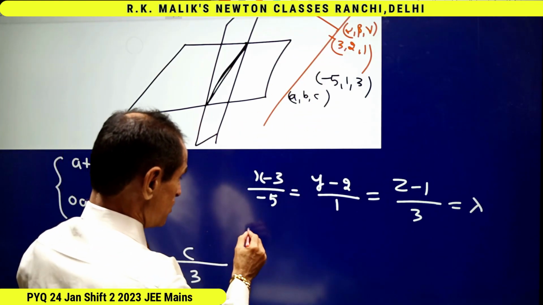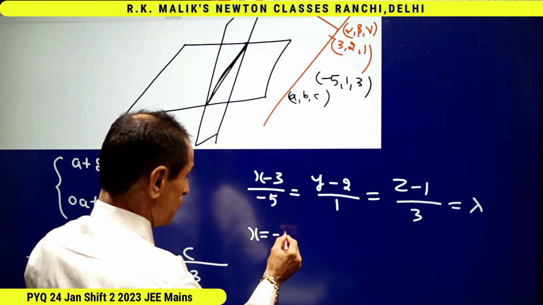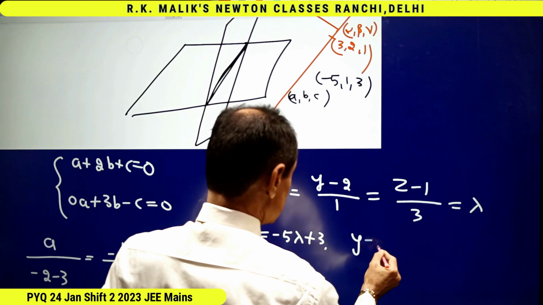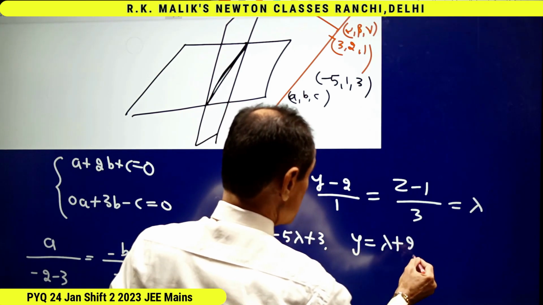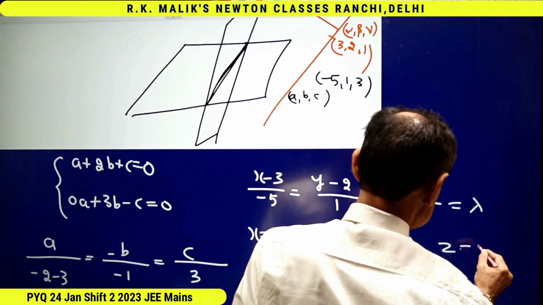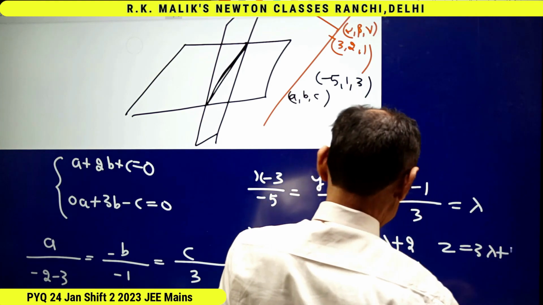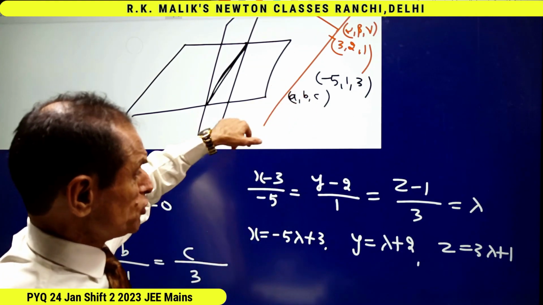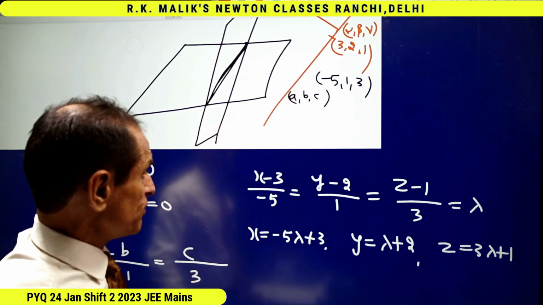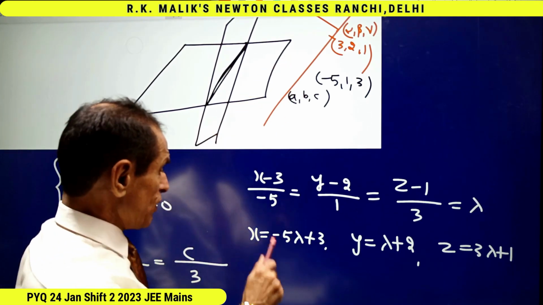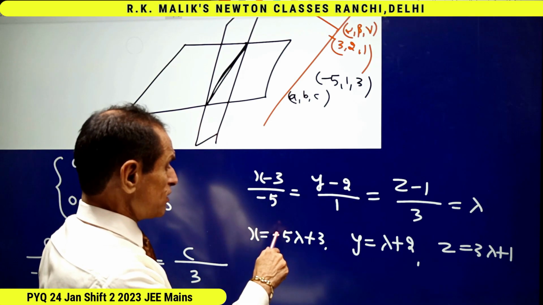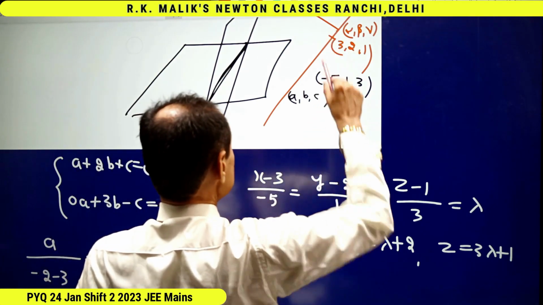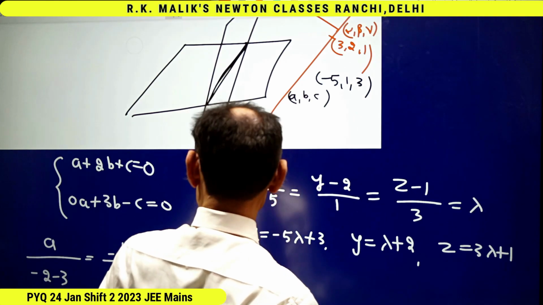That is, x is minus 5 lambda plus 3, y is lambda plus 2, and z is 3 lambda plus 1. Whatever the value of lambda, this point will surely lie on this line, and I will find the value of lambda so that this point becomes the point (alpha, beta, gamma).